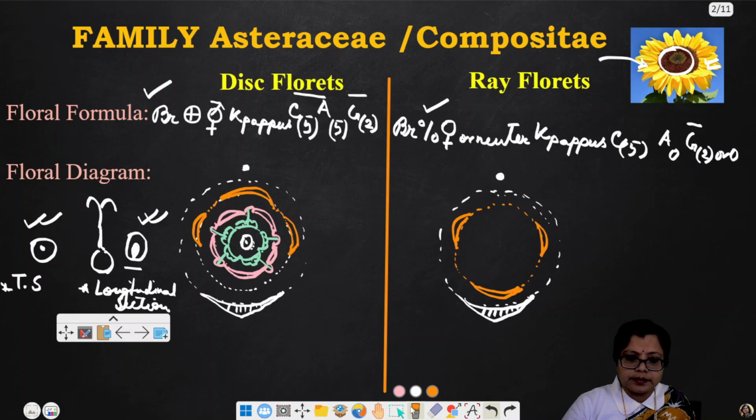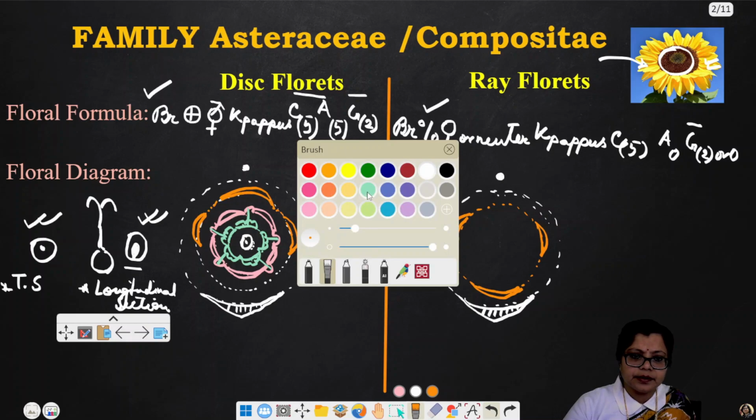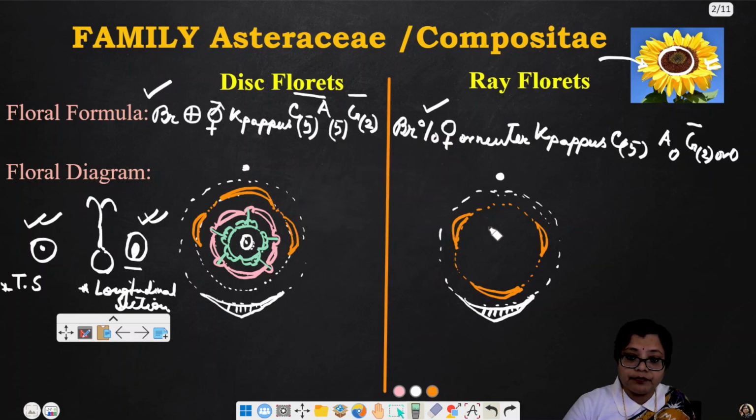Now the third whorl, that is corolla. Here we have learned one important feature. What have we learned? Ligulate flower. This corolla forms the ligule, right? At one side they are joined and it forms a strap like or the tongue like structure.